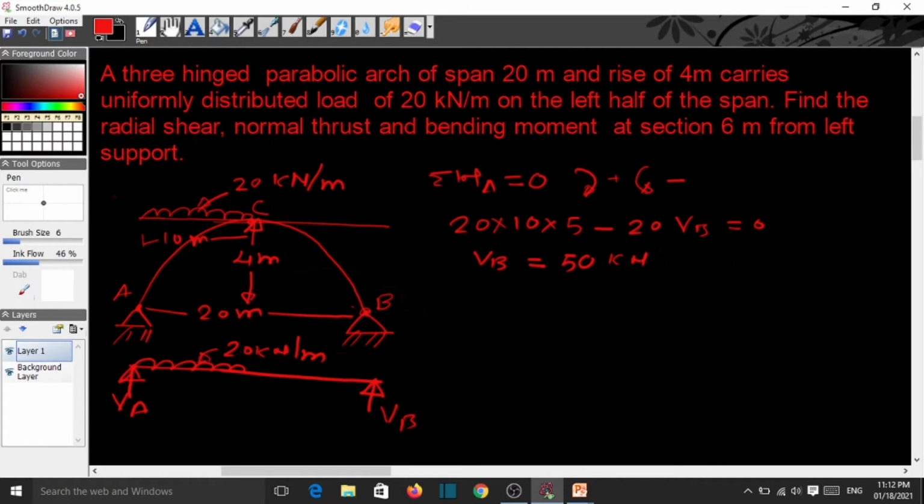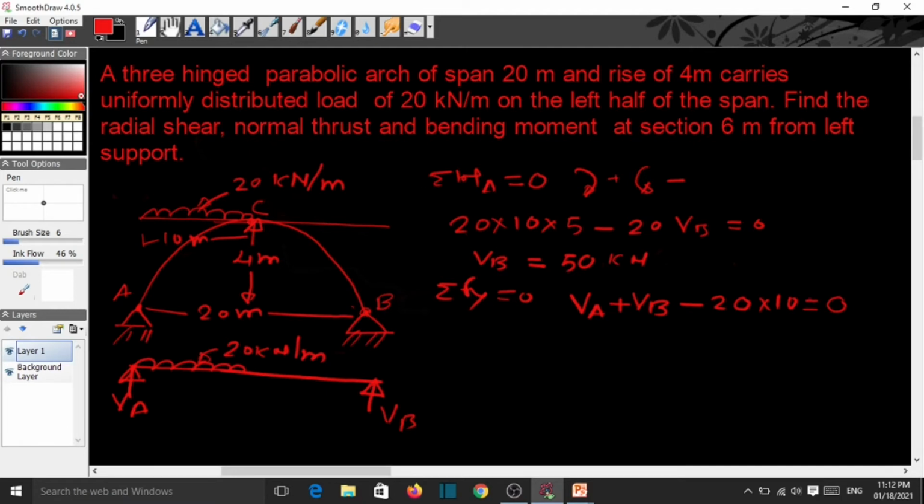Then apply the sigma Fy equals 0 condition. So VA is upward, plus; VB is upward, plus; and the load is minus 20 into 10, that is 200 total load, equal to 0.